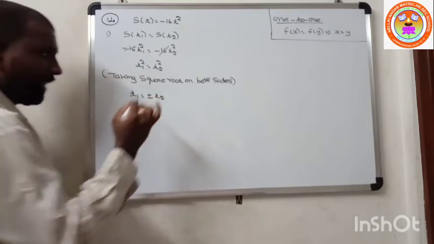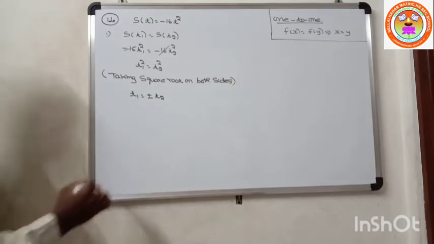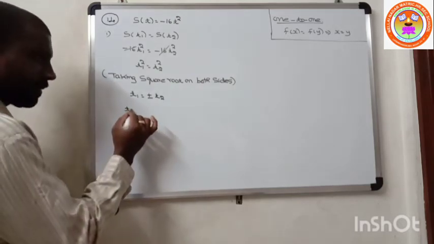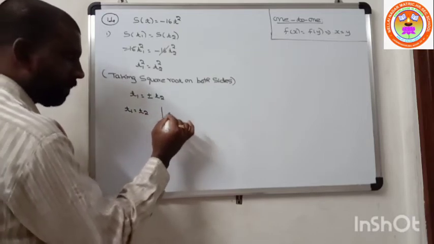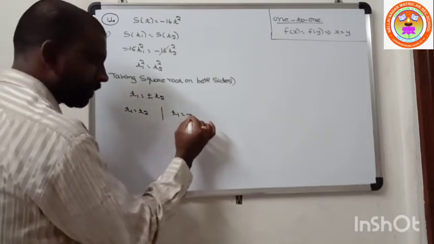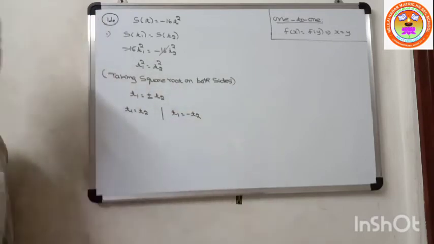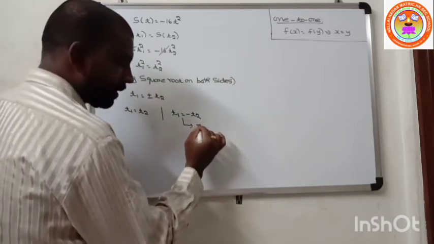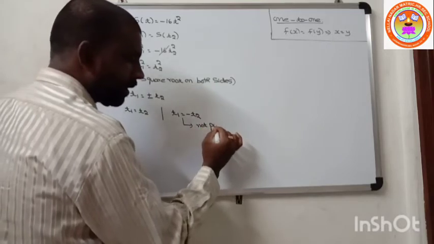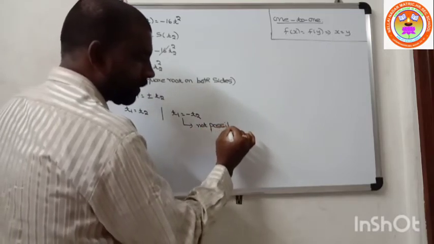Taking square root, we get plus or minus. Plus or minus means two possibilities, one plus, another minus. But minus is not possible.